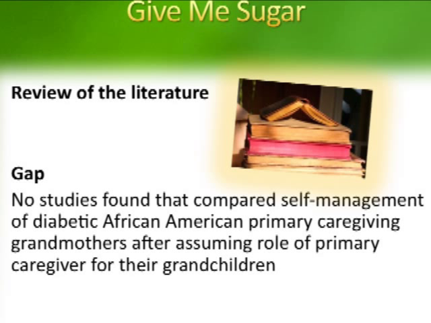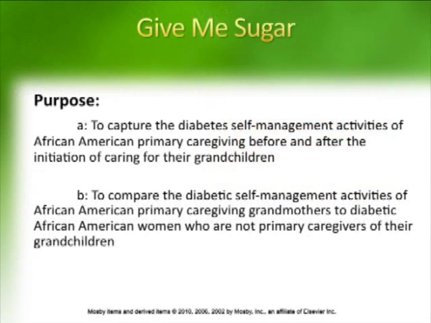They also found a gap: no studies were found that compared self-management of diabetic African American primary caregiving grandmothers after assuming the role of primary caregiver for their grandchildren. Now, the purpose of this study was twofold.